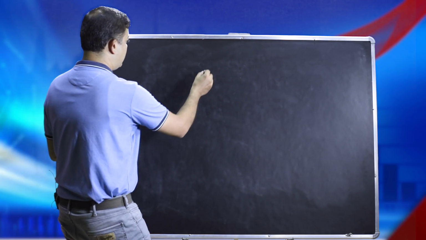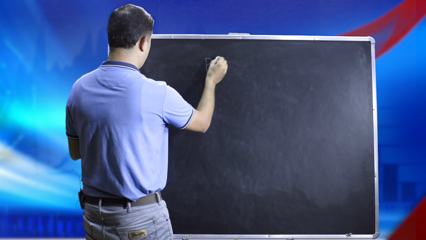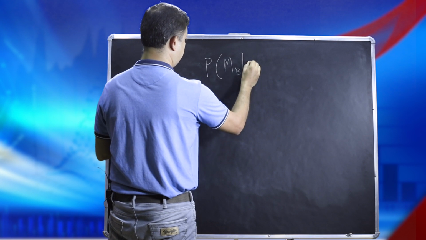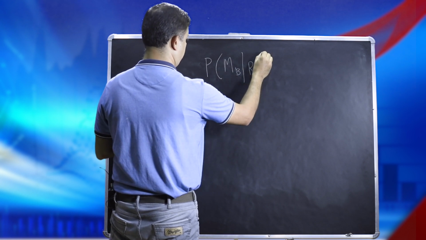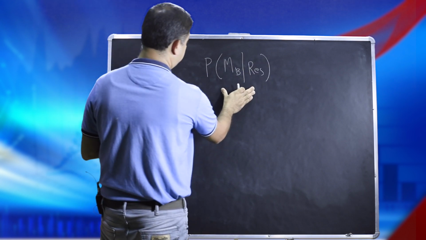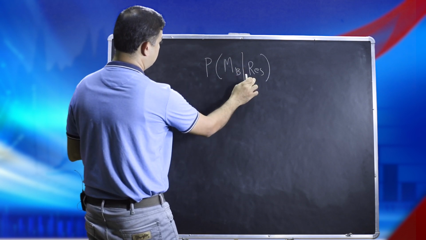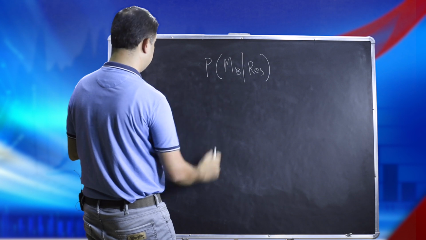So in this case, what we have to find is the probability of middle berth given reservation. This is the posterior probability: if you reserve, what is the probability that you will get the middle berth.